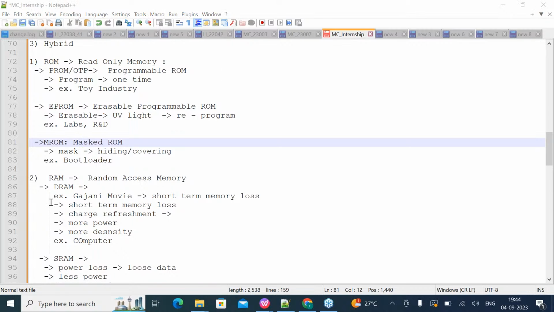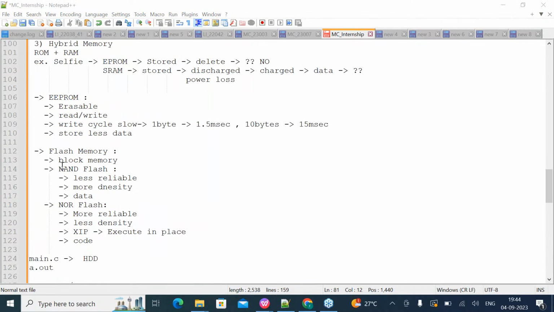If you see an example of where NAND flash is used, all of you are using a pen drive. Now, are you sure that whatever data is stored in the pen drive is always going to be safe?